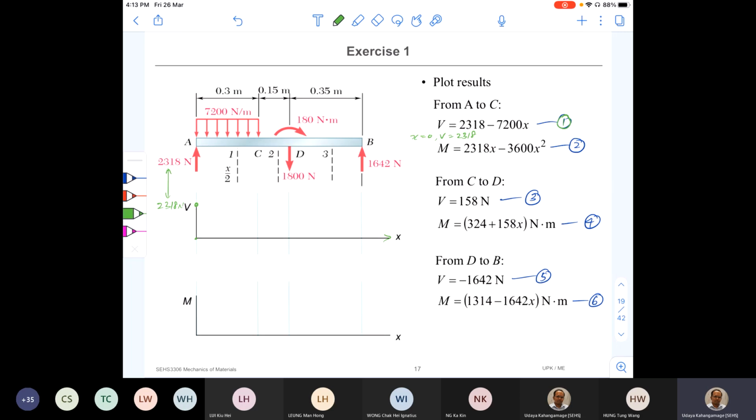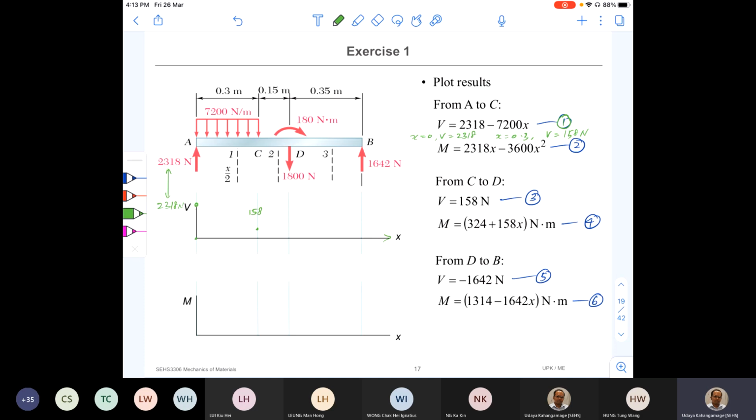Okay, and then when x is equal to 0.3, that is at C, what is the value of V? Can somebody do the calculation and tell me the answer? 158, correct. 158 Newton. So we'll mark that one in here, 158 at that point.